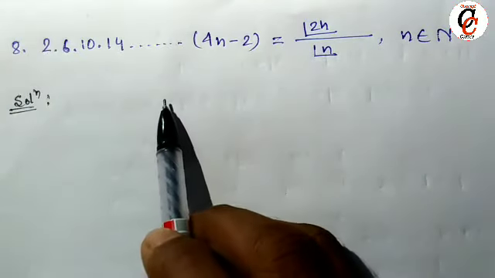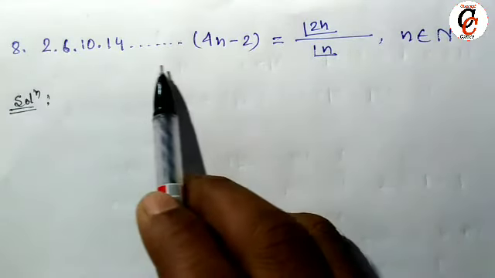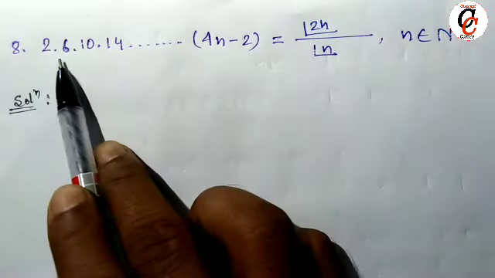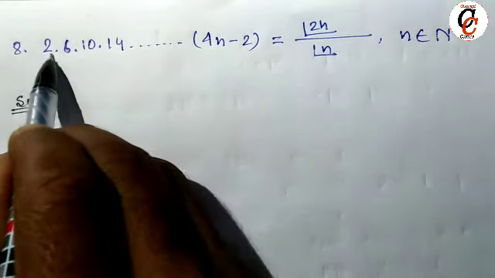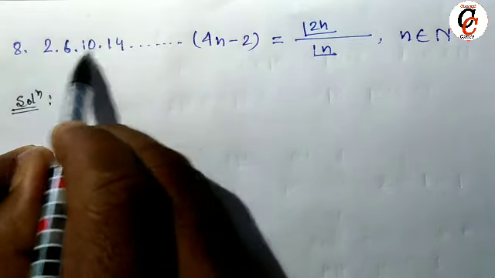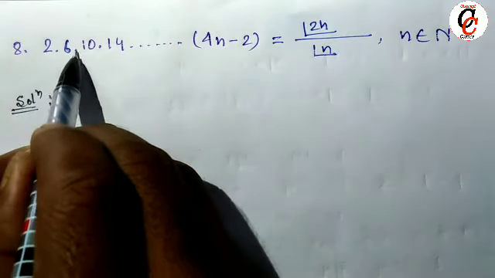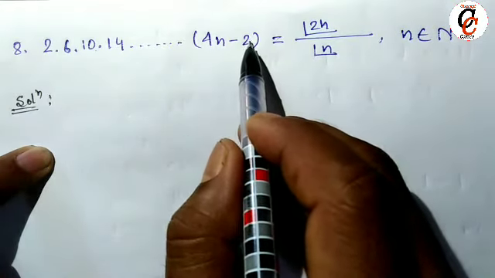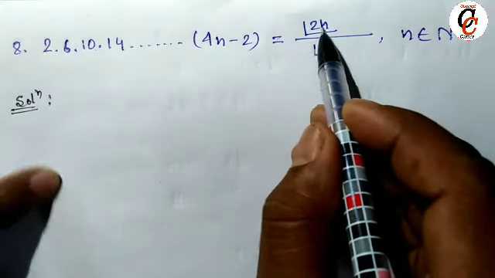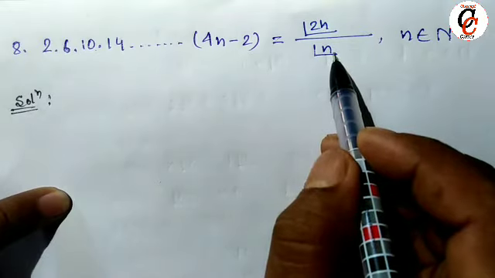So let's see one more question of this type with factorial sign. Question number 8: 2 into 6 into 10 into 14 up to 4n minus 2 is equal to factorial twice n by factorial n.